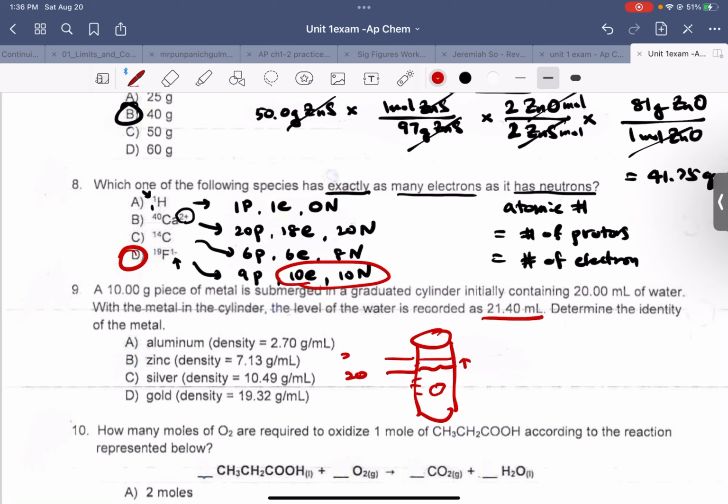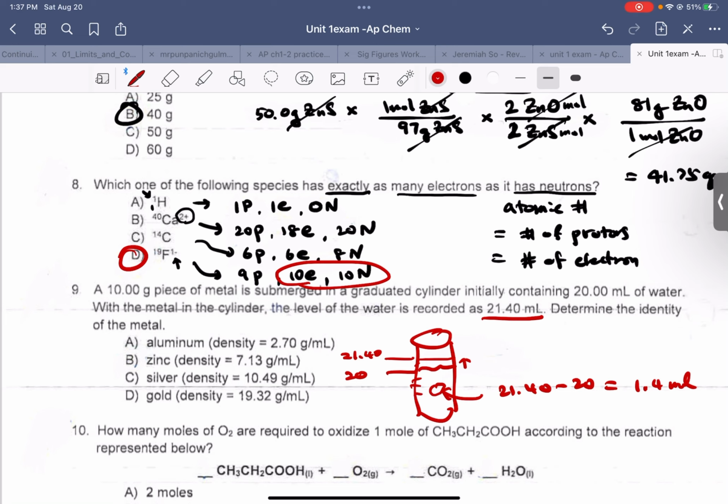Now it is 21.40 milliliters. That difference is the volume of that metal, right? So 21.40 minus 20 is 1.4 milliliters. That's how much the volume increased by putting it in.